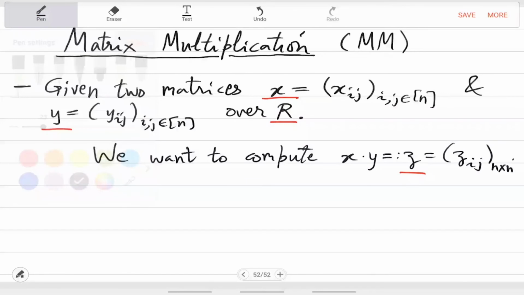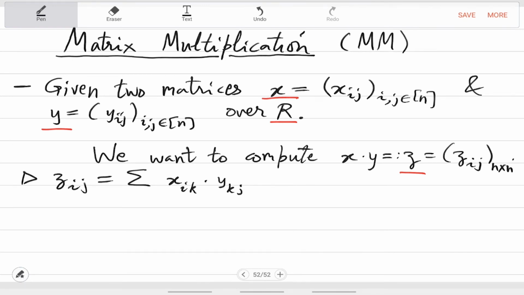So in the input you are given x and y and R. In the output you have to output z. And what is the definition of zij? It's the inner product of a row with a vector. So the ith row, inner product with the jth column, for all i, j.